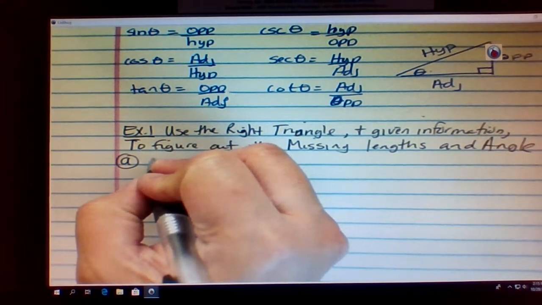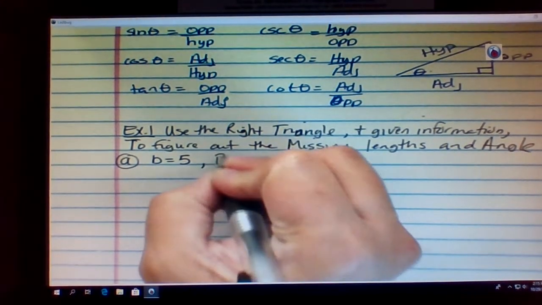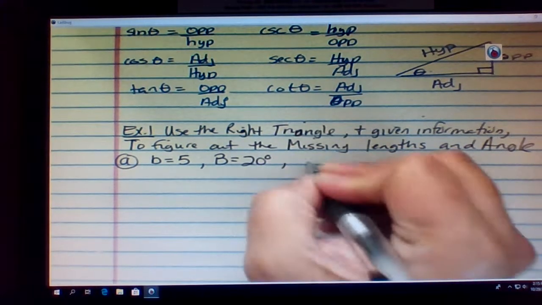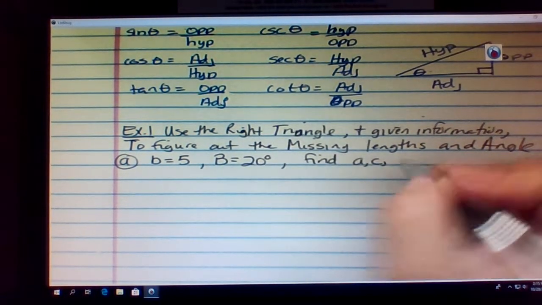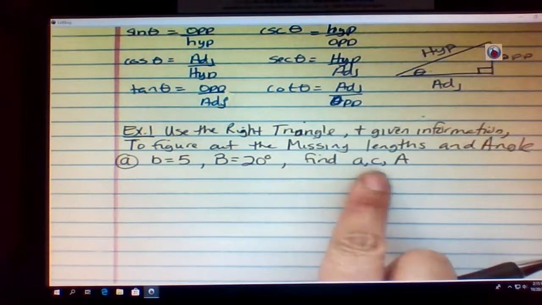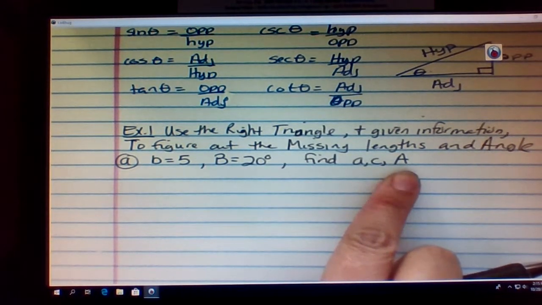Okay, so if they tell you b is 5, B is 20 degrees, and they want you to find little a, little c, and big A. Anytime they use the lowercase, it's always going to be for the sides. The uppercase is always going to be for the angles.